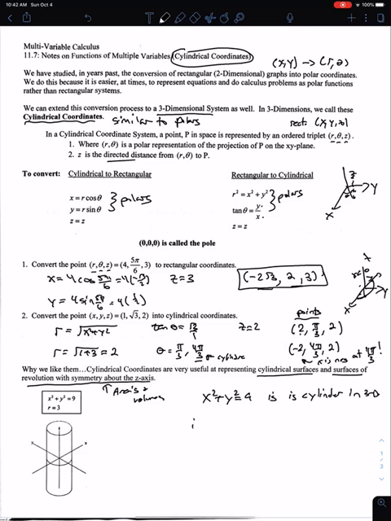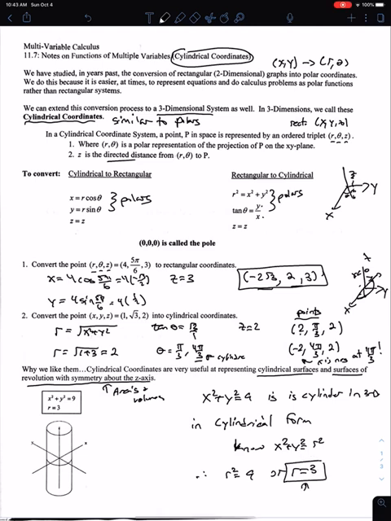In cylindrical form, I could rewrite this much easier. We know that x squared plus y squared equals r squared. So my cylinder could just be written as r squared equals 9, or r equals 3.